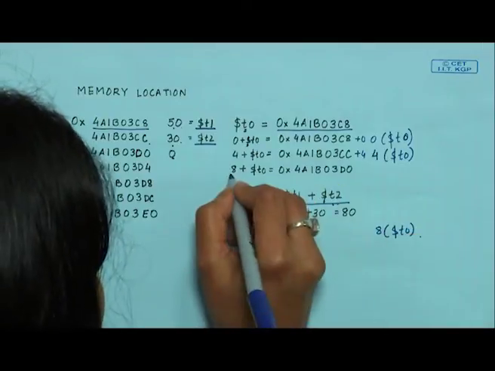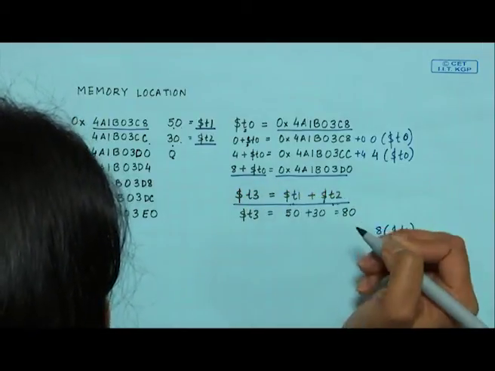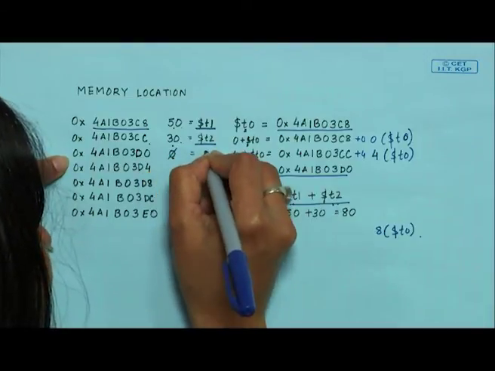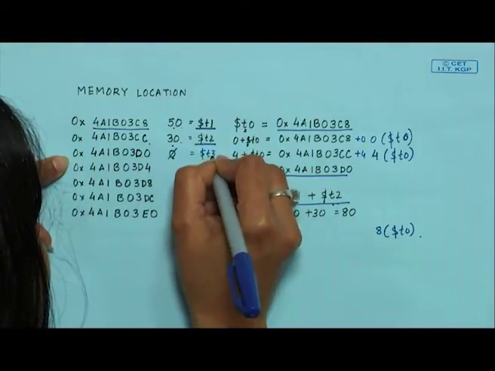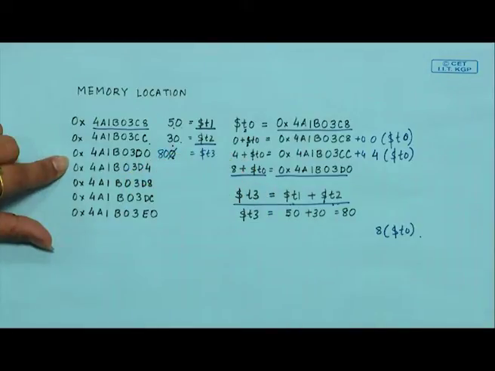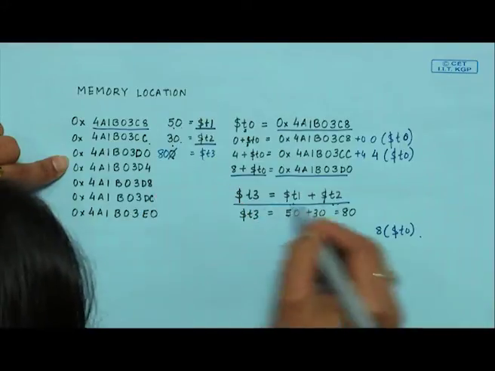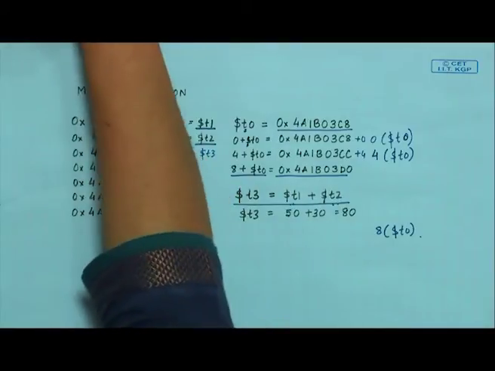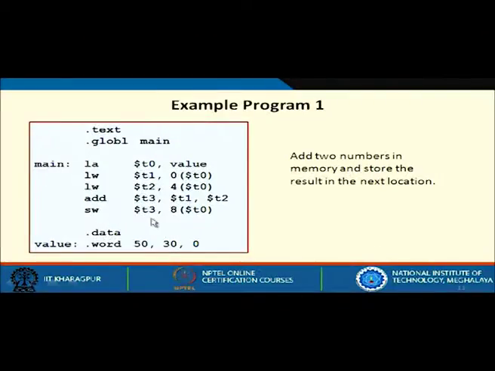So, 8 of $T0 is this location, where after this operation T3 will be stored, where T3 is now 80. So, 80 will be stored after execution of this SW. This store word operation will store the value of T3 into this memory location.